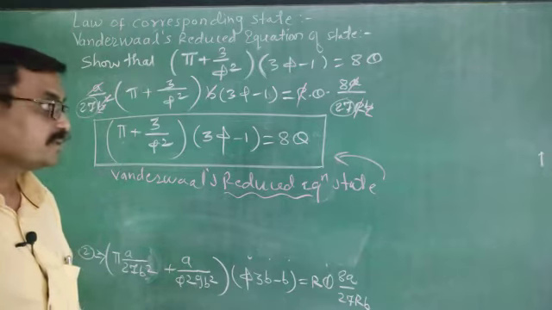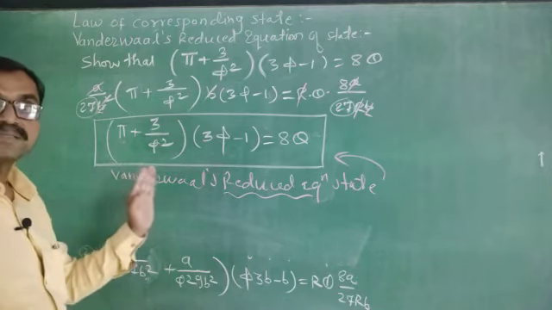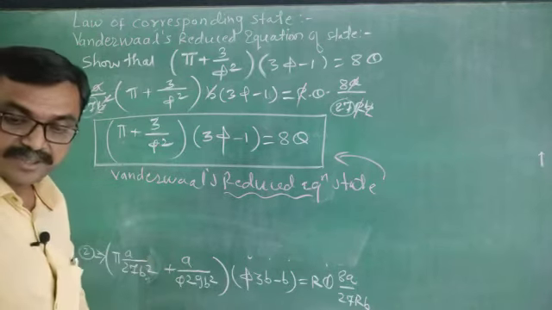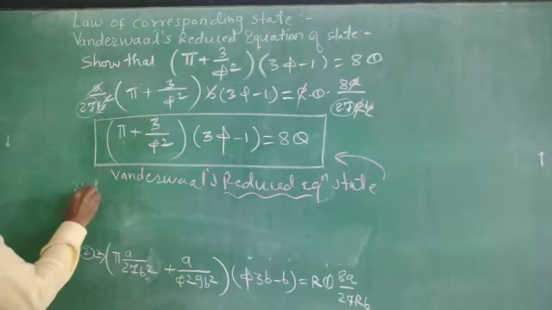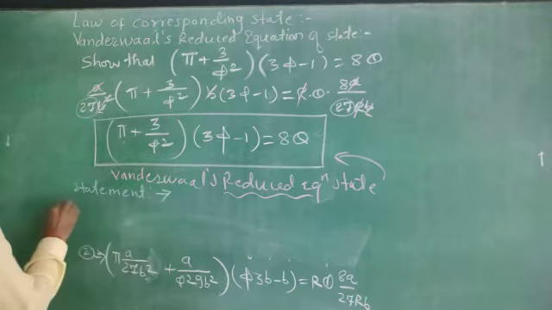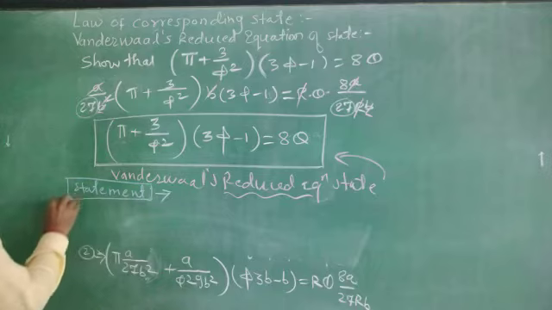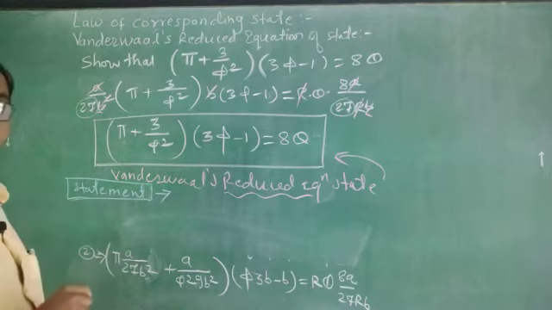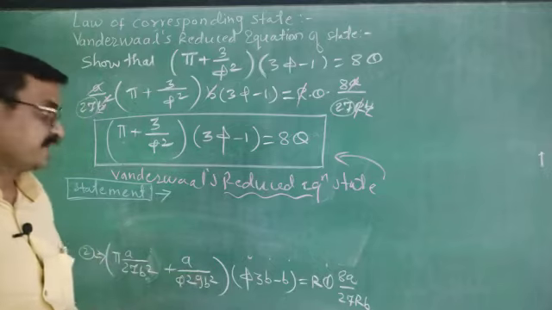Try to understand, van der Waals reduced equation is the same as the law of corresponding states. Now what is the statement of the law of corresponding states? Because the statement has 1 mark. State and explain means statement 1 mark, explanation with derivation 3 marks, total 4 marks.